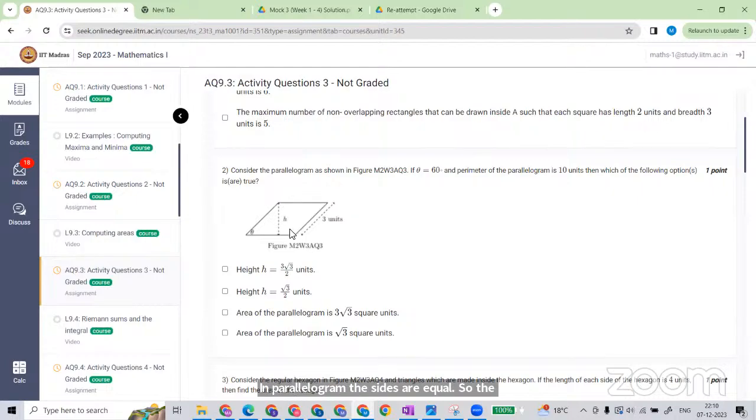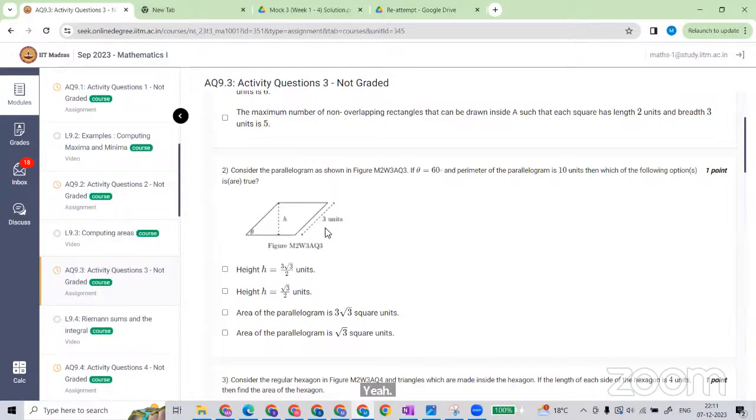All sides are 3? No. Opposite sides are equal, sir. Only opposite sides are equal. Means if this is 3, then the opposite one is 3. If it is 4, then the opposite one is 4. Yes, sir, this is the meaning.